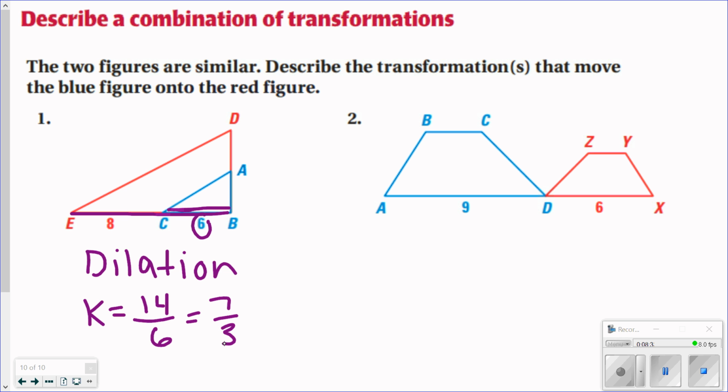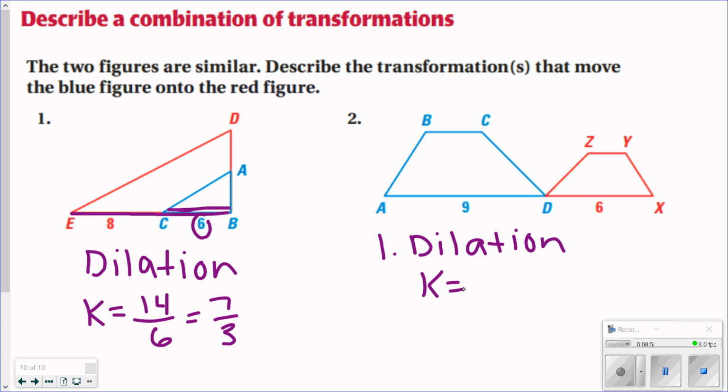Let's look at question 2. What transformation or transformations have occurred to take the blue figure onto the red figure? This one is going to have 2 transformations. What are they? Well, the first one is a dilation. What would the scale factor be for this problem?